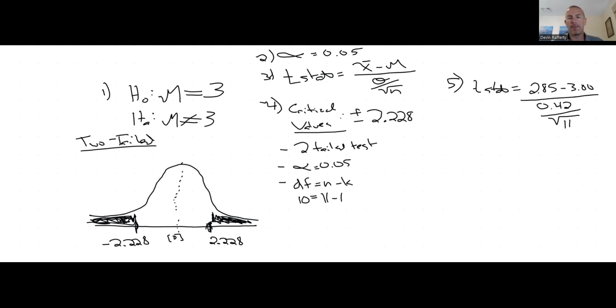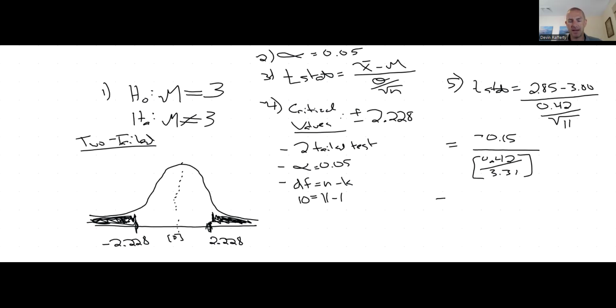Okay. So where do I start? I start in the denominator. I start with the square root of 11. Square root of 11 is 3.31. In the numerator, I could do this as negative 0.15. I'm just adding in these parentheses here, the brackets.